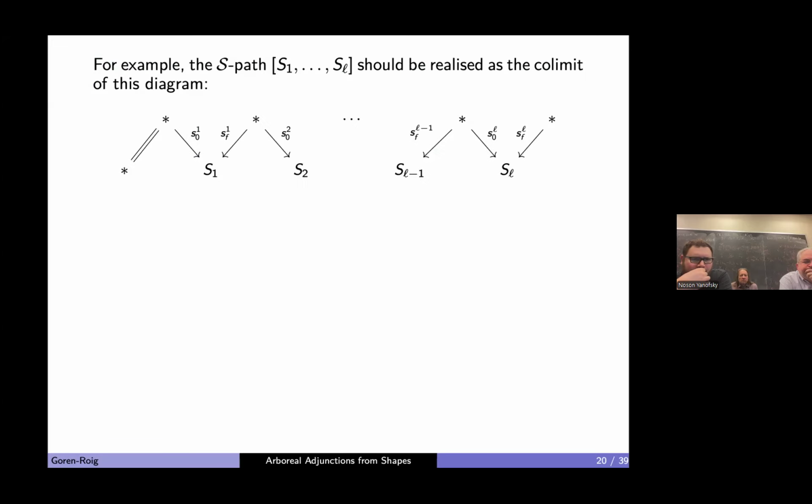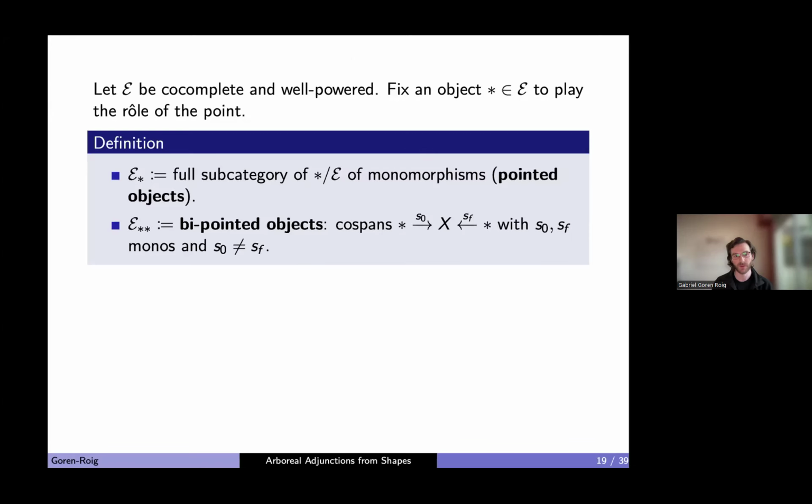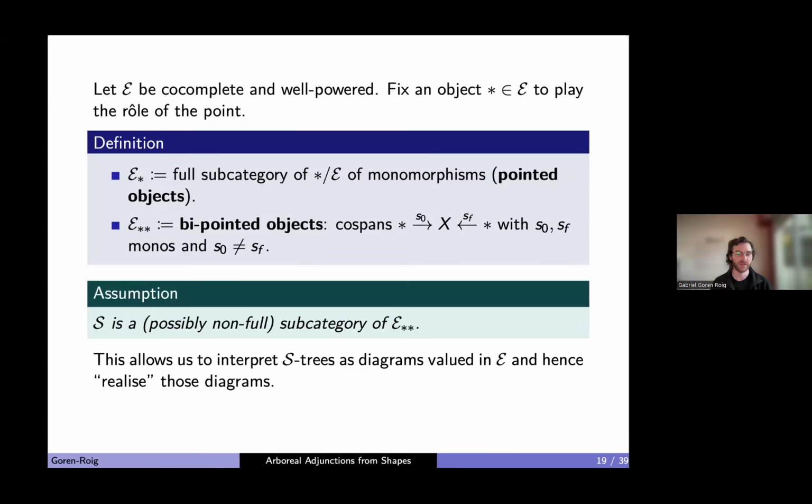So what we did was, sorry, here the assumption is that now this category that was abstract before is actually bipointed objects. So now it's not abstract anymore. It's a choice of bipointed objects in E. I see.